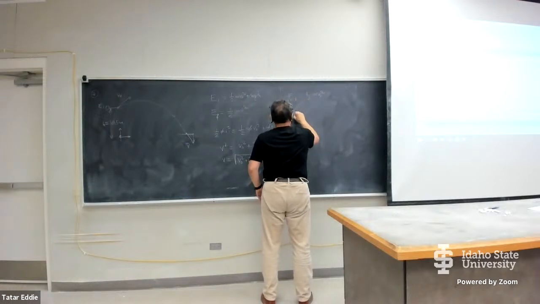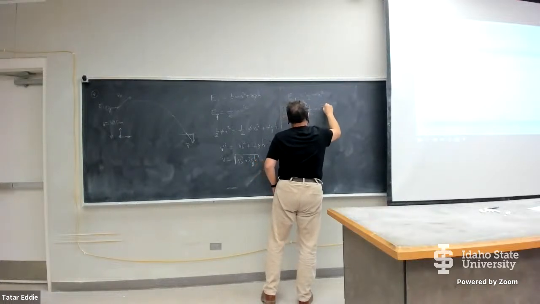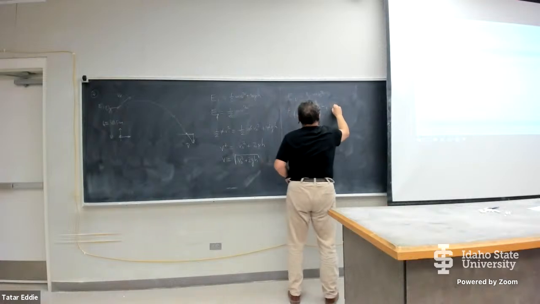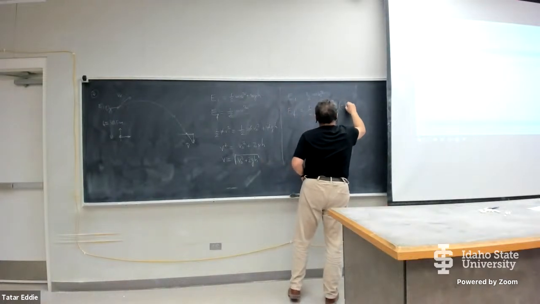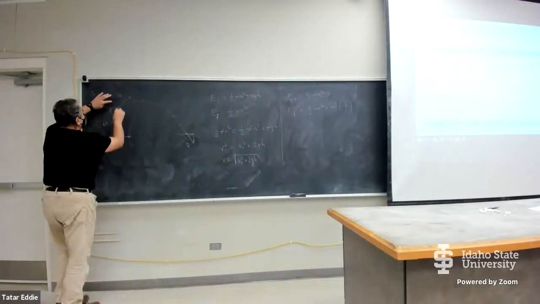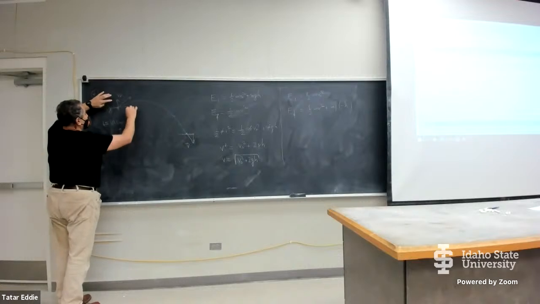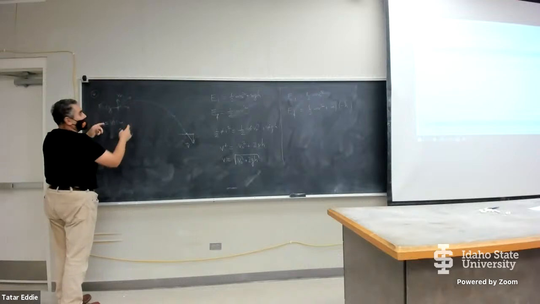But the final energy is going to be 1/2 m v final squared plus mgh. Right, this is my 0 point, this is my coordinate system. The height now is -30.